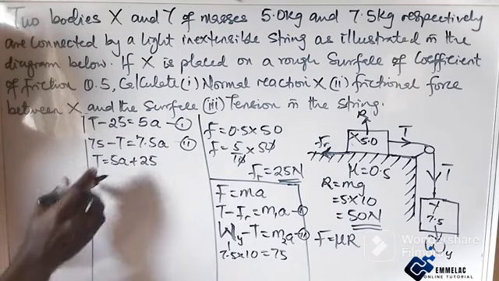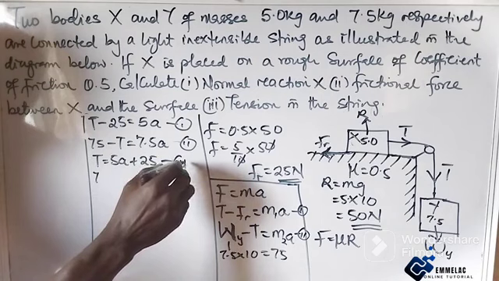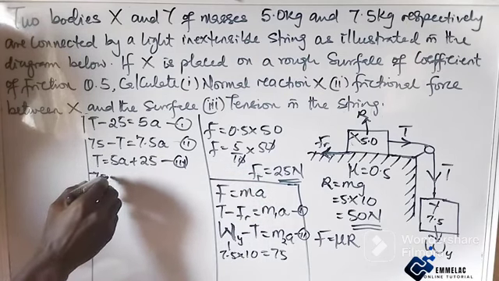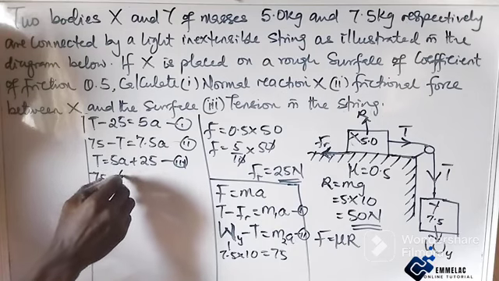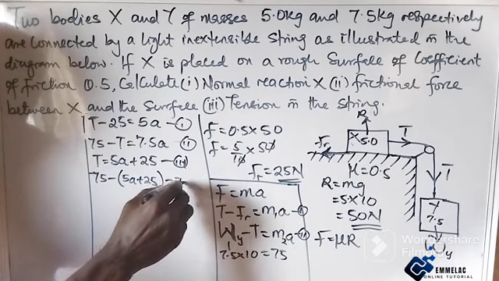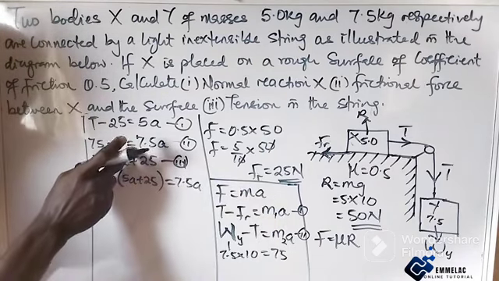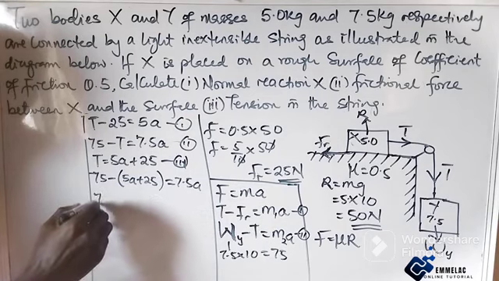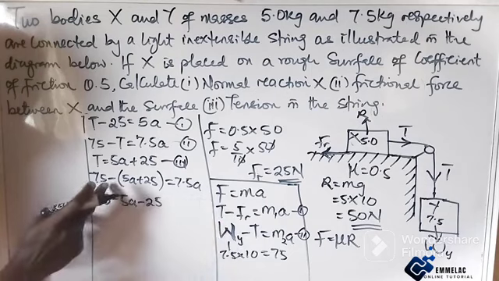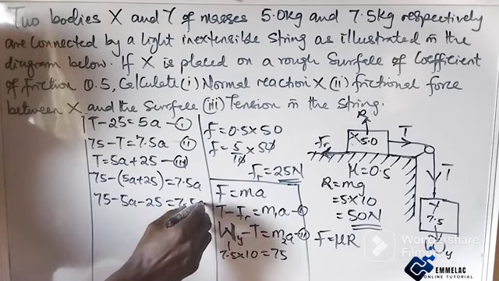Now putting T into this equation, you have 75 minus (5a plus 25) equals 7.5a. So we are putting this into this. So here we now have 75 minus 5a minus 25. This minus will affect this minus because you're opening the bracket, and it equals 7.5a.